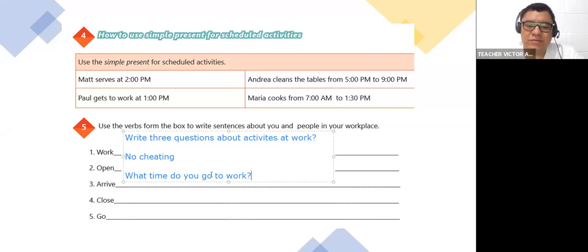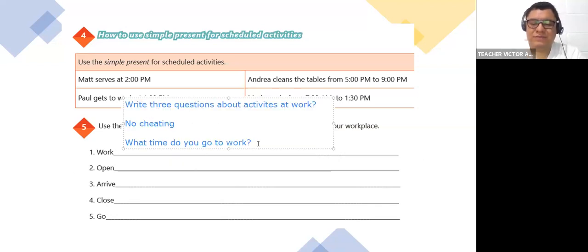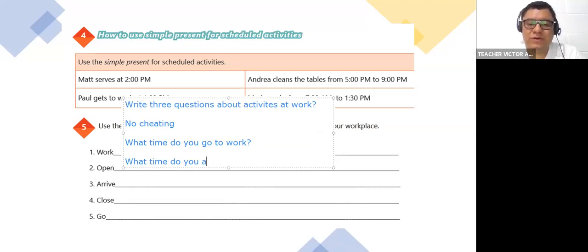Or what time did you get to work, right? You can use it in different ways. Or what time do you arrive to your office, for example?